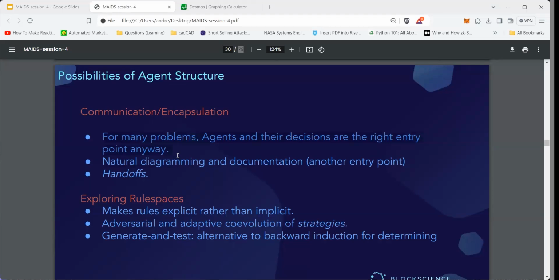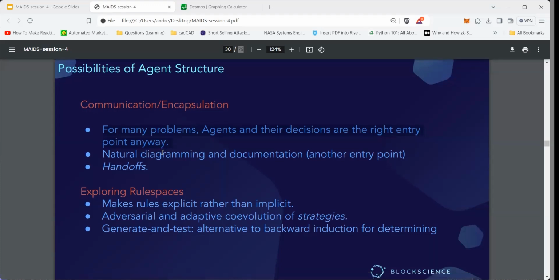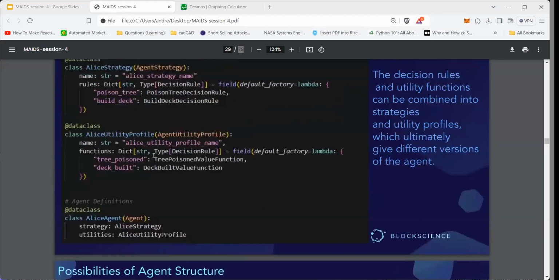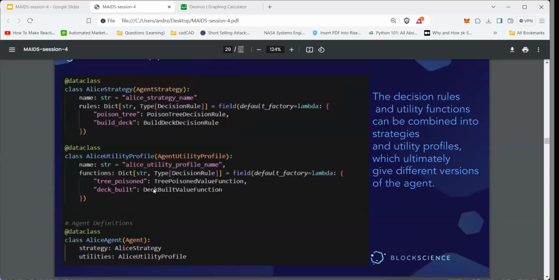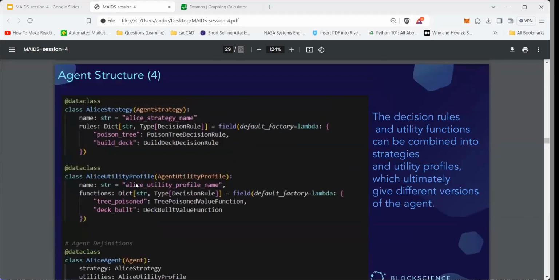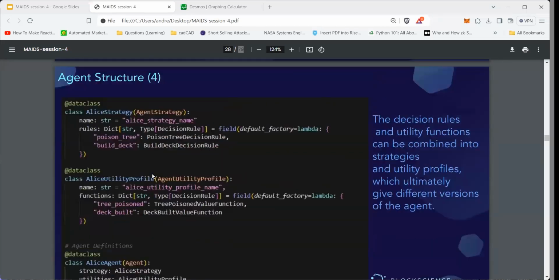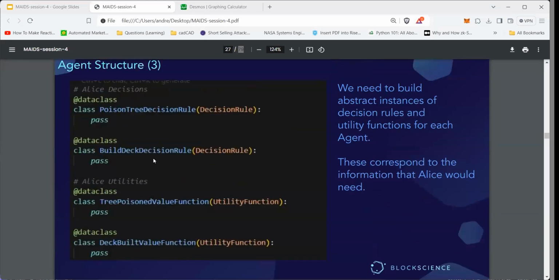That's a well-established framework in economics. For a lot of blockchain problems, there are specific roles, and it might make sense, at least at the beginning, to think about the different roles belonging to distinct agents who are making decisions. Another thing is that this is often very natural. So the question of who is doing what, I believe that you could type this out in kind of quasi boilerplate code, even if you're not positioned to build the individual decision rules and value functions.